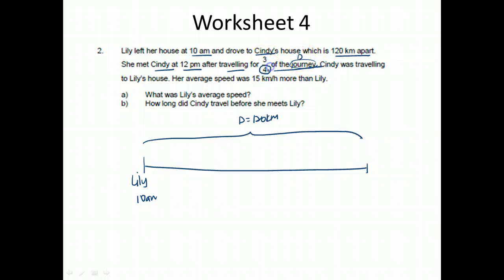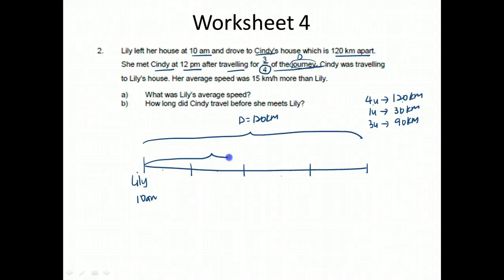So we know that the distance is 4 units and she traveled for 3/4. So 1, 2, 3. So we know that 4 unit is 120 kilometer. 1 unit will be 30 kilometer. 120 divided by 4, which is 30. 3 unit will be 90 kilometer.